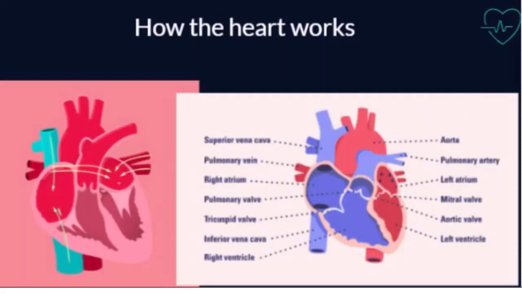The oxygenated blood is brought back to the heart through the pulmonary vein. This red blood vessel that you see is the pulmonary vein. It's brought to the left atrium. From the left atrium, the oxygenated blood is passed to the left ventricle, and from the left ventricle it is passed through the aorta to different parts of the body.